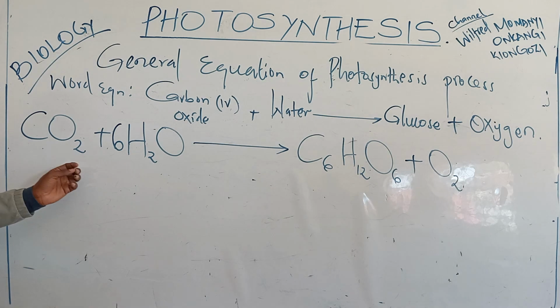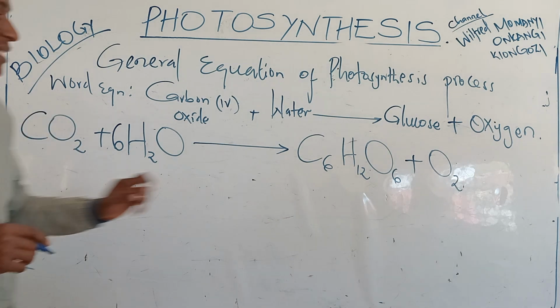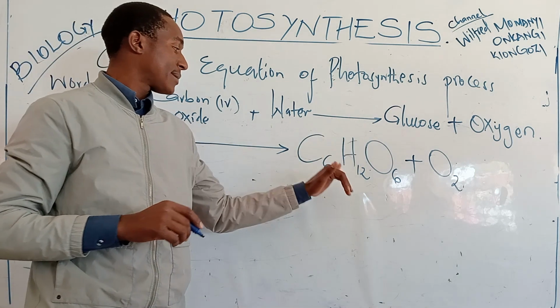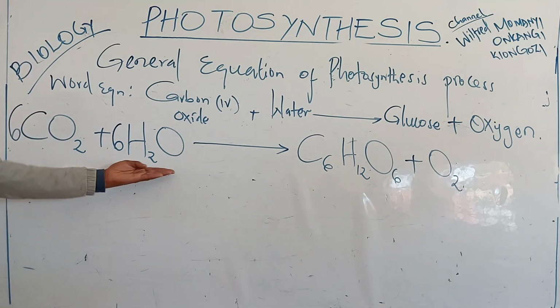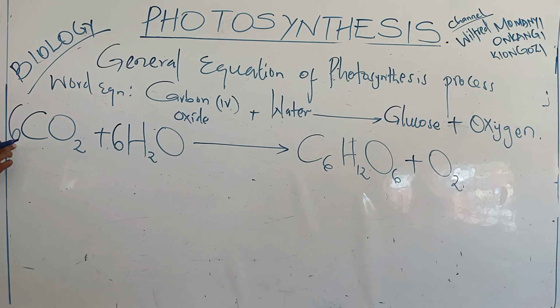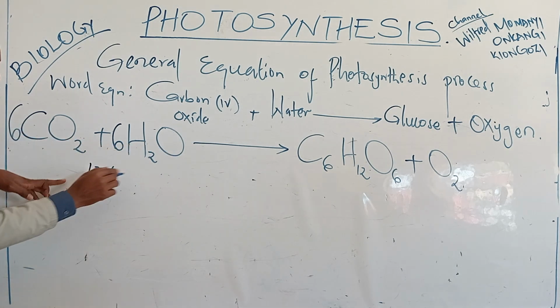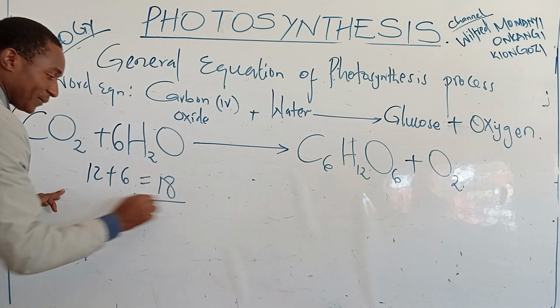Let us go to carbon atoms. Carbon on the right hand side is 6 on the product side. So we also put another 6 here to make it balanced. Let us see what has happened to the oxygen. Already the reactants, there's nothing we can do to them. So 6 molecules of carbon dioxide, 6 times 2 of oxygen is 12. 12 plus 6, another 6, that means 18.